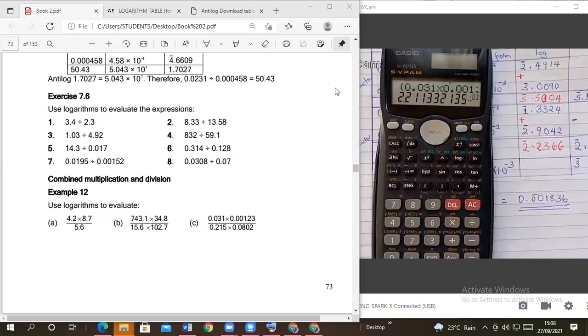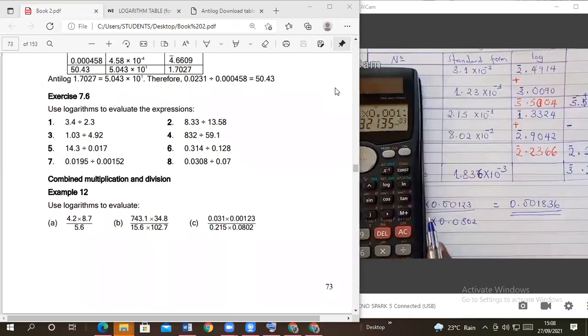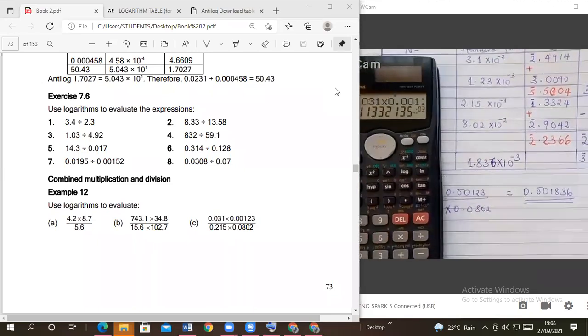I made a mistake. What have you got? A different answer. We are getting 2.211 exponent negative 3. It is supposed to give us 1.836.